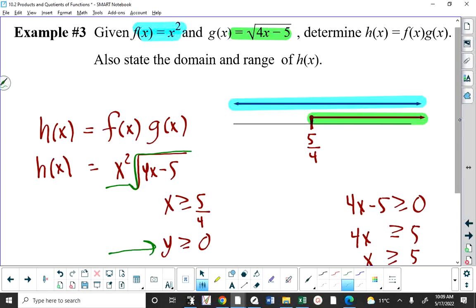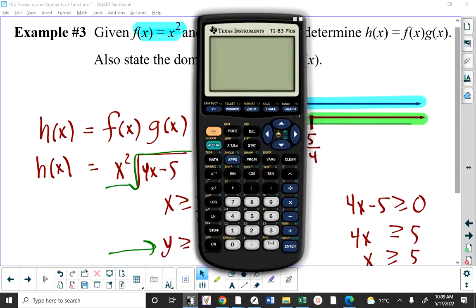Let's graph it and just see. Y equals, what do we have? X squared square root 4x minus 5. And you know, if this were calculus, we could do derivatives and all that other stuff to find out what it looks like without this.